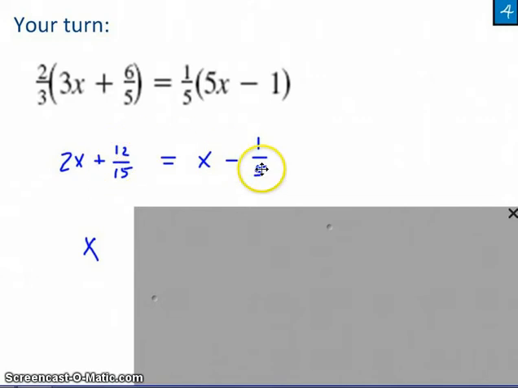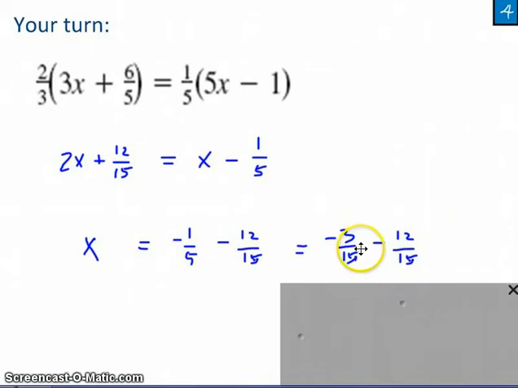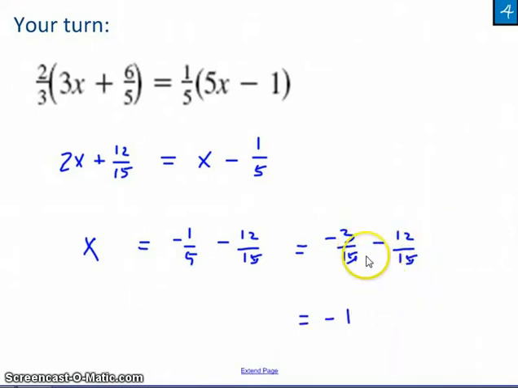And I move the 12 over 15 over this way, and so x is going to be equal to -1/5 minus 12 over 15. As I say, I had to convert to a common denominator. I got -3 over 15 minus 12 over 15, or in other words, -15 over 15, or -1. If you'd plugged that back in, you would find that it works just fine.